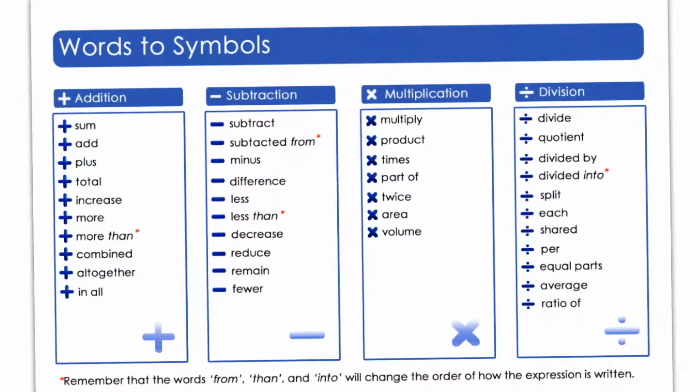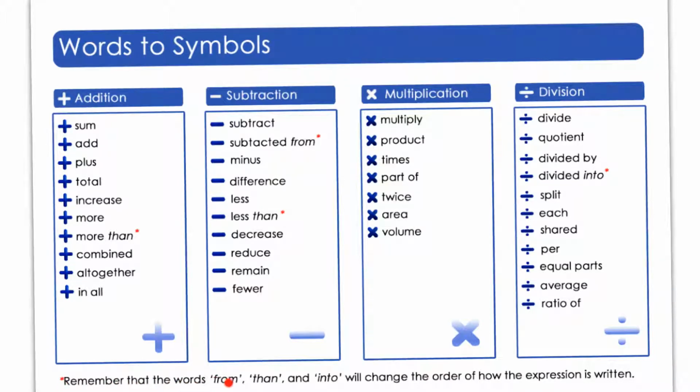Now, when you guys look at those asterisks, I do have some words or terms here: more than, with the red asterisk, subtracted from, less than, and divided into. All of those, guys, when you see that term or that expression, subtracted from, less than, more than, that means that you are going to change the order the expression is written. So I do have a little asterisk down here.